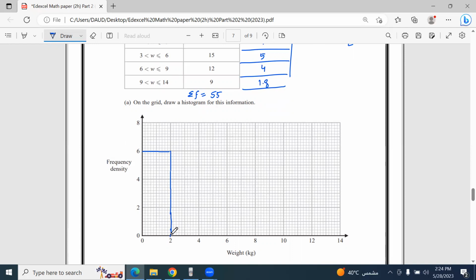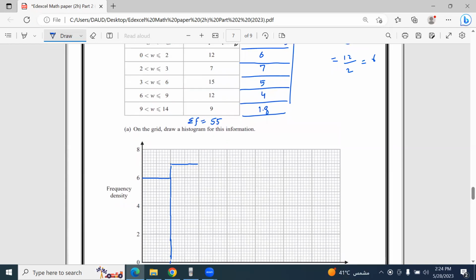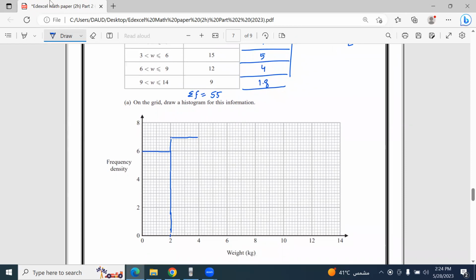Then 2 to 3 we have 7. 7 is between 6 and 8, so here 2 to 3, let me check. This is 2 to 3. So it is till here.